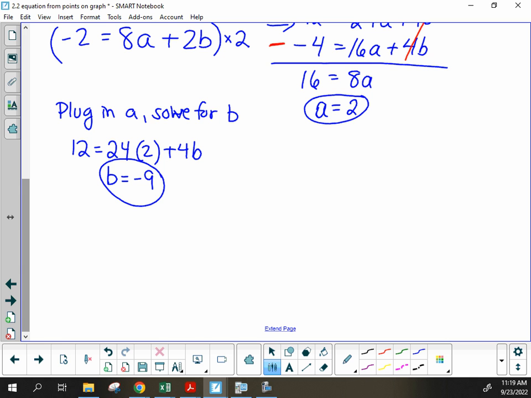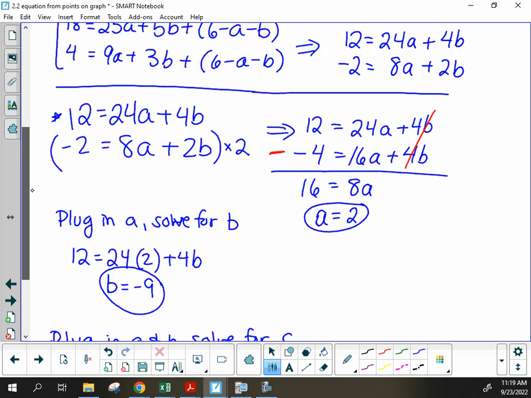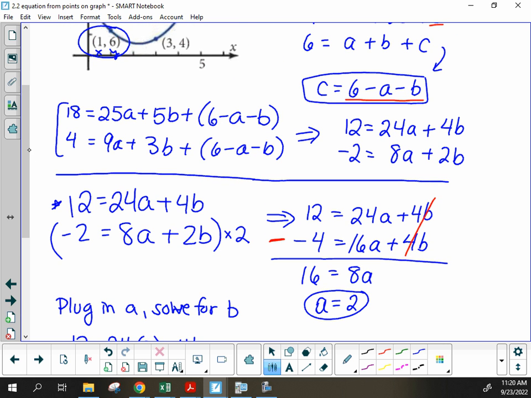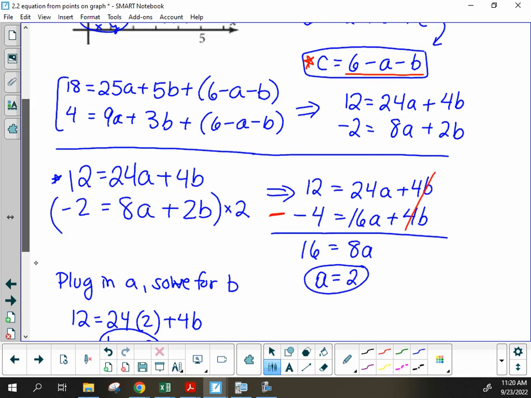Okay, and then now that we have A and B, we can plug in both of those and solve for C. I think the best choice of equations here, although it's not the only choice, is this one up here, because it already says C equals. We're just going to plug in A and B and solve.